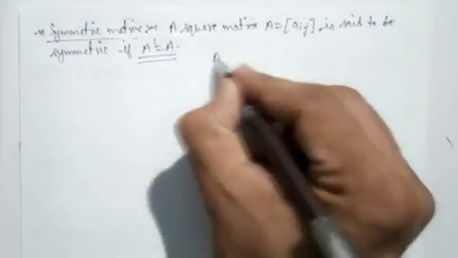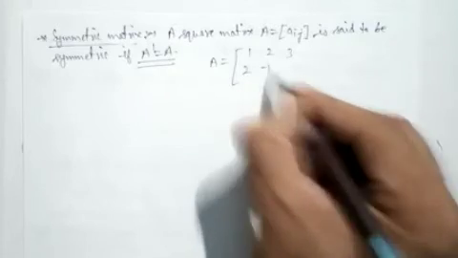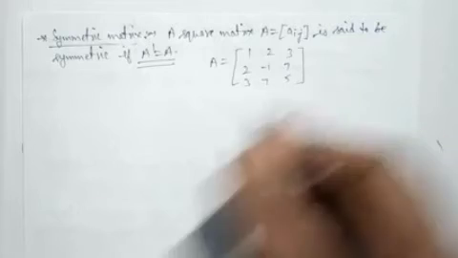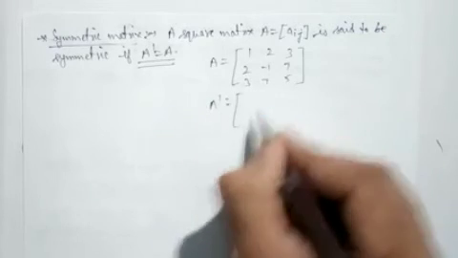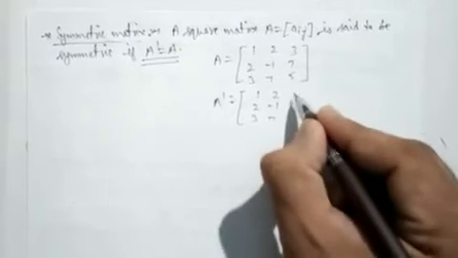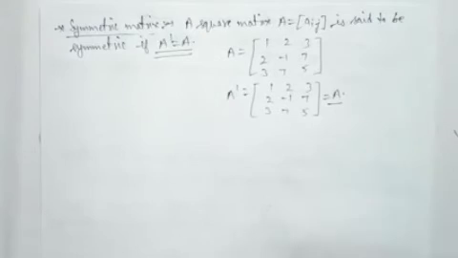For example, A matrix is 1, 2, 3, 2 minus 1, 7, 3, 7, 5. Its transpose is 1, 2, 3, 2 minus 1, 7, 3, 7, 5, which is equal to A. So this is a symmetric matrix.